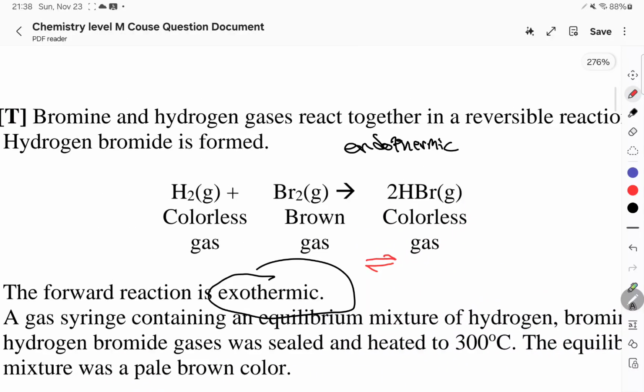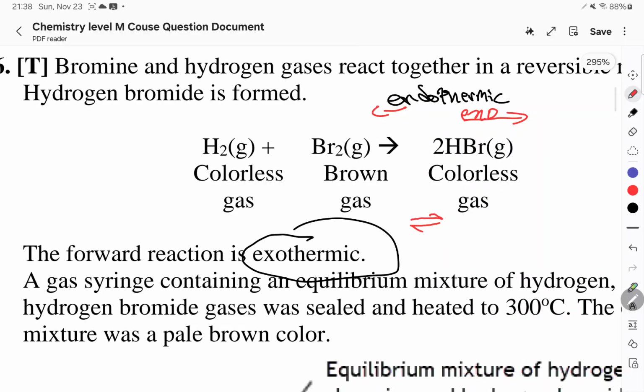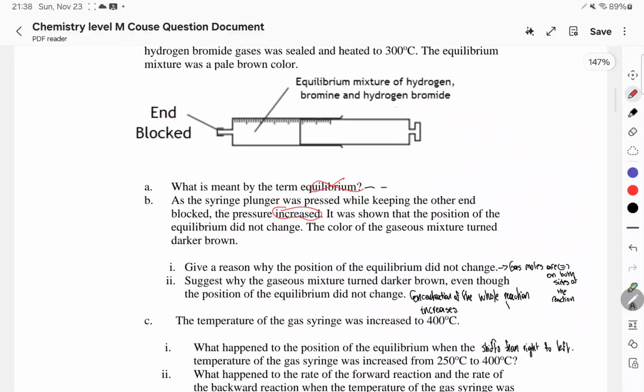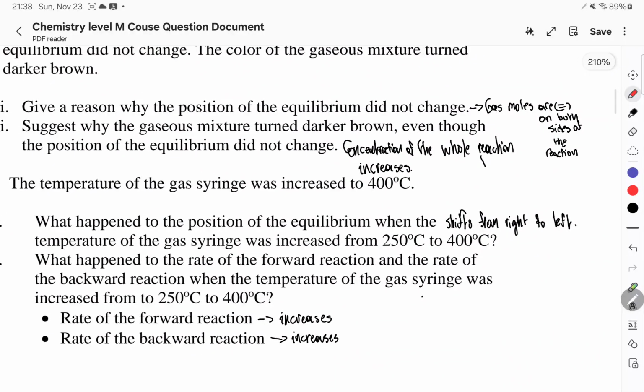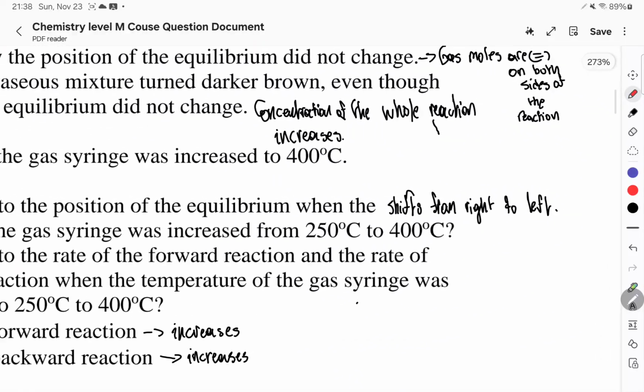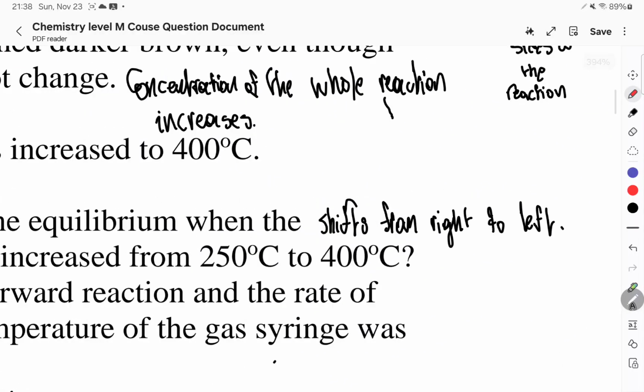So we said that endo is left and exo is right, which means that when temperature increases, it will shift to the endothermic side, and that means the concentration of the products will decrease while the concentration of the reactants will increase. The concentration will be moving away from the product, is another way to put it. So we go back and we say that it shifts right to left, or just shifts backwards.